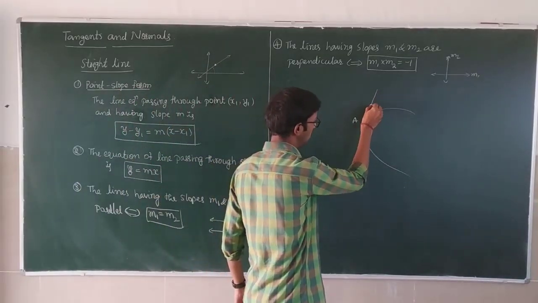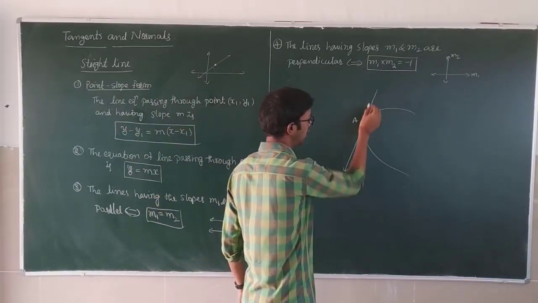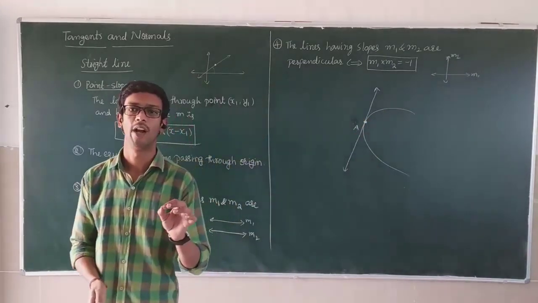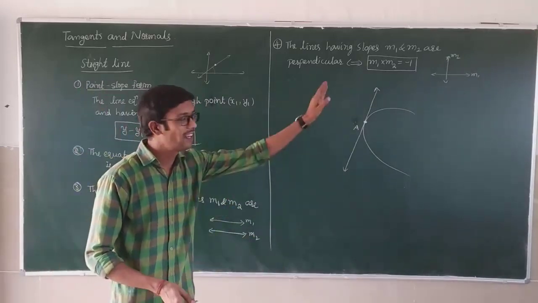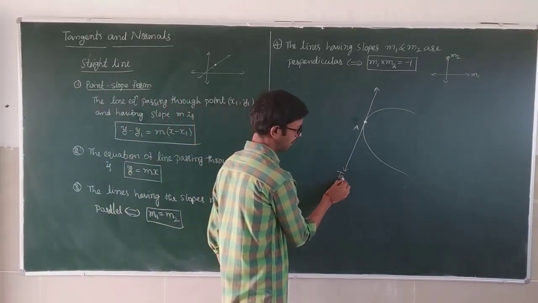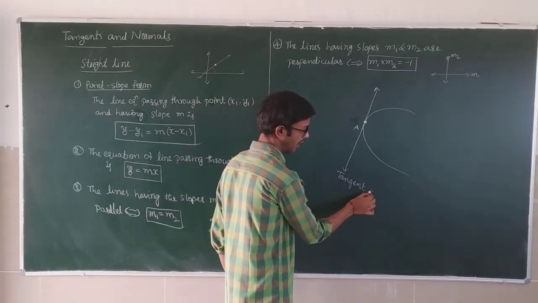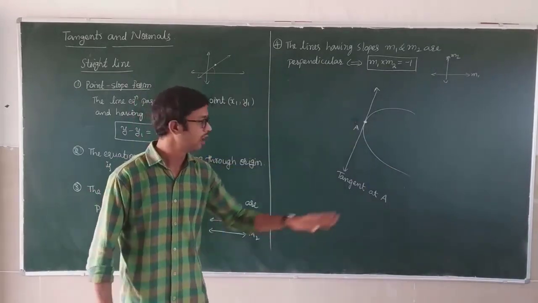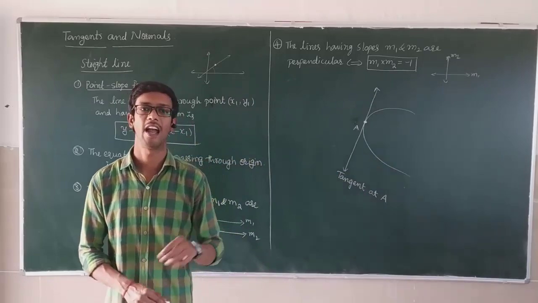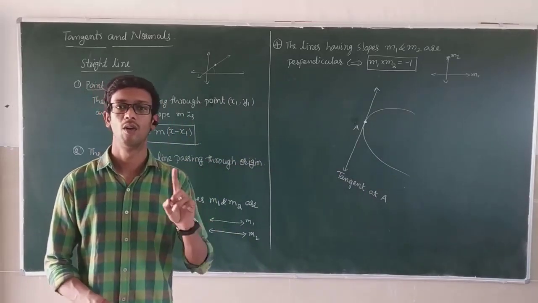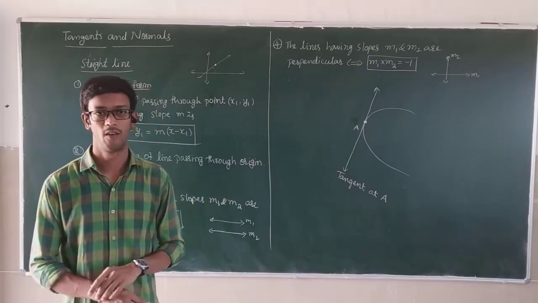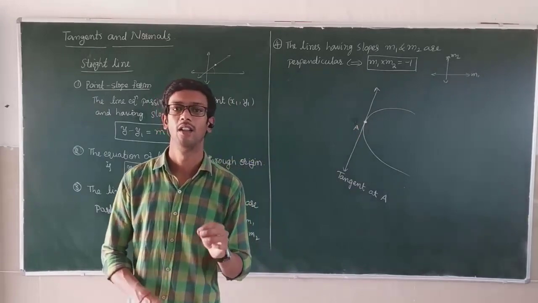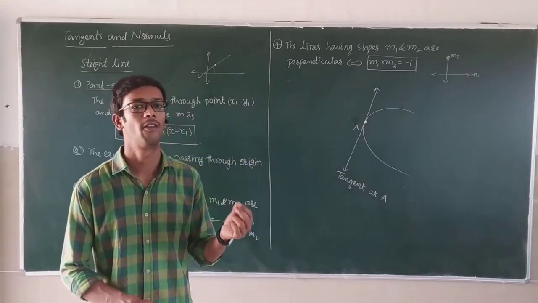A line that touches only one point of the curve is called a tangent, the tangent at point A to the curve. That point A is called the point of contact.